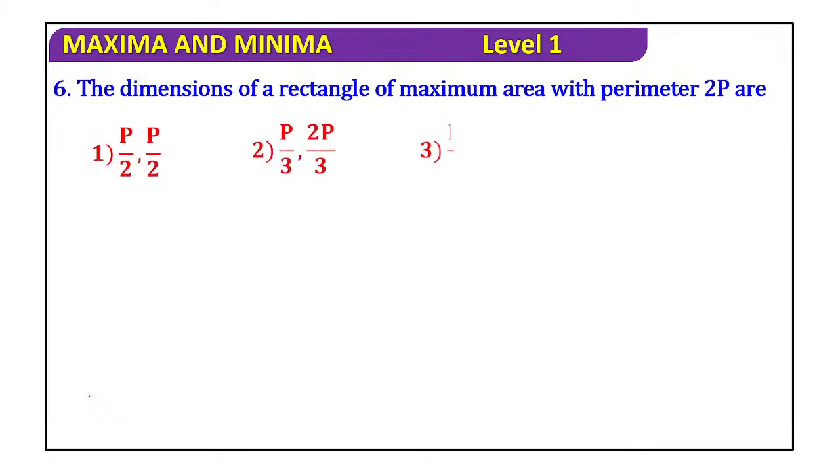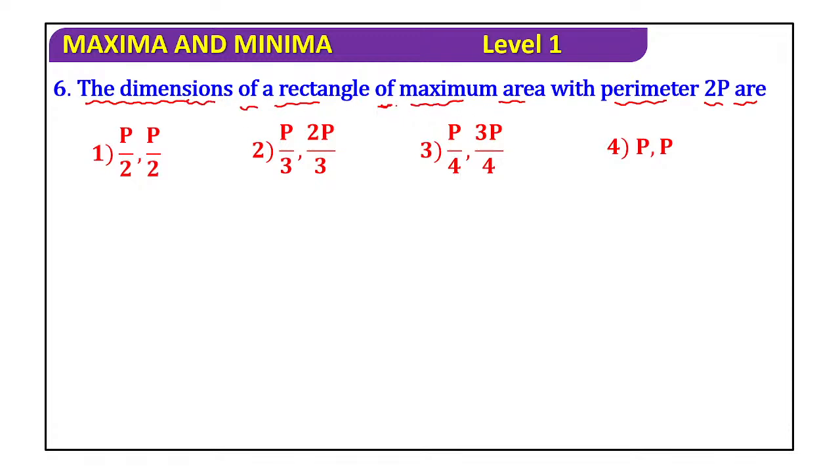Quickly we can move to the 6th problem. In the 6th problem, they are asking the dimensions of a rectangle of maximum area with the perimeter 2p.